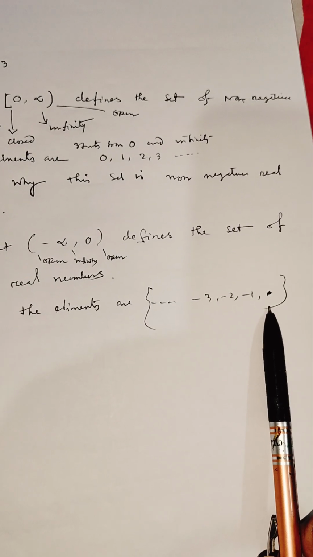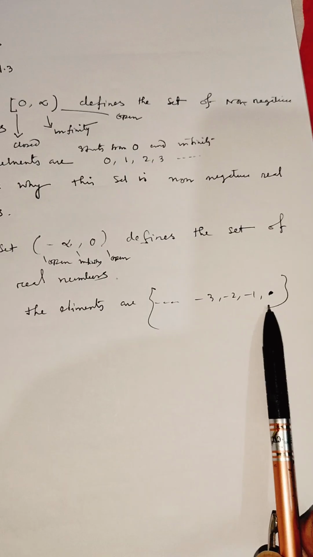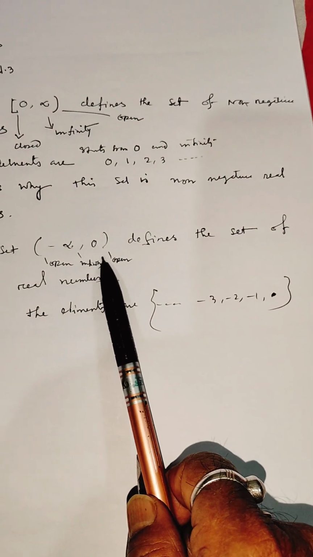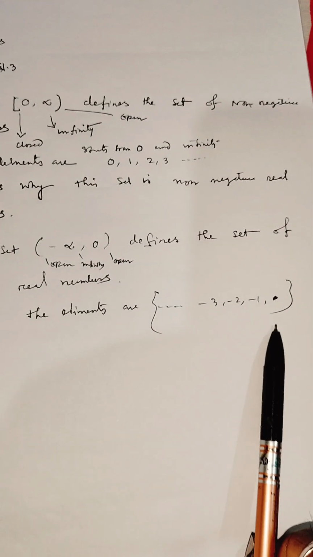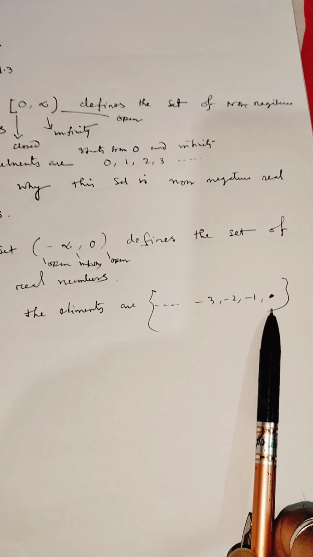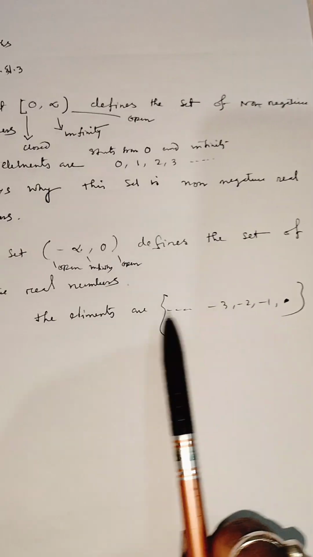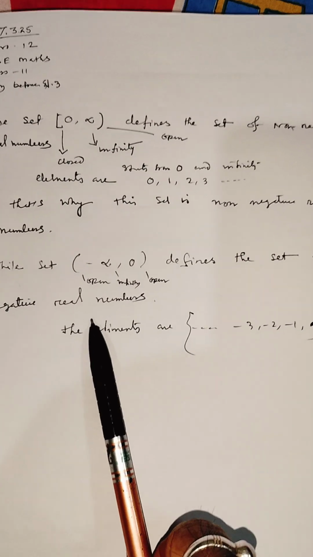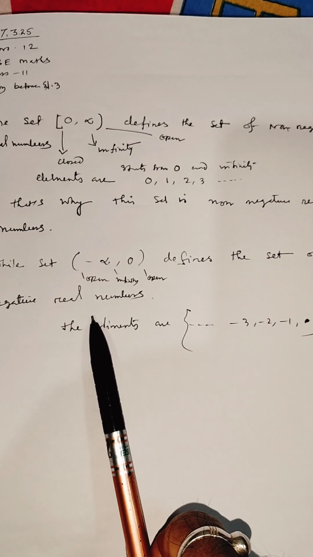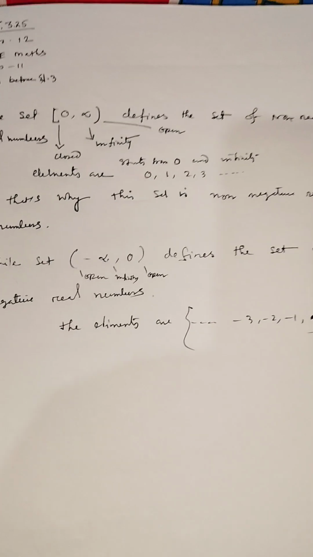And it does not end at 0 because it is open. If it were closed, then we would write 0, but it is not. That is why it is the set of negative real numbers. Understood, my students? Yes. Now next.